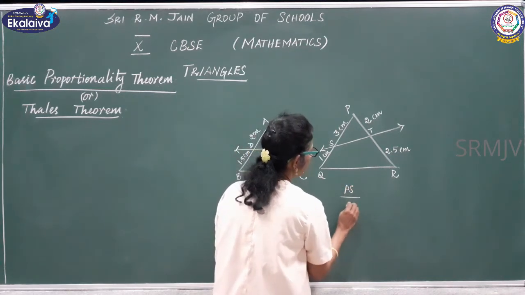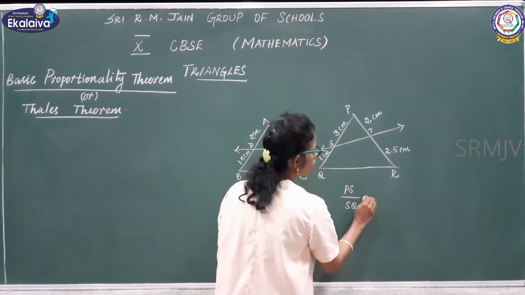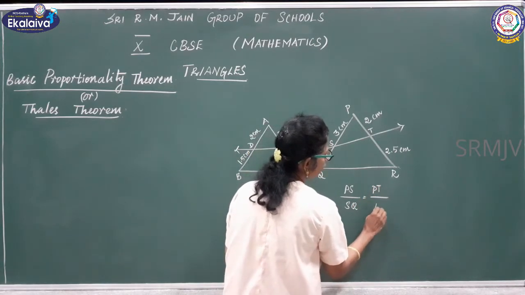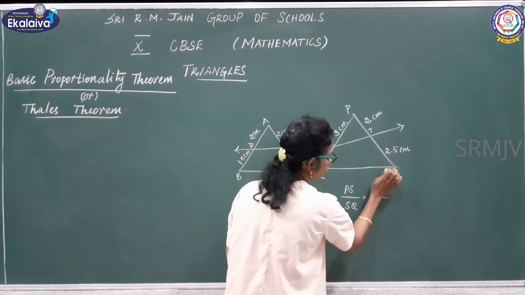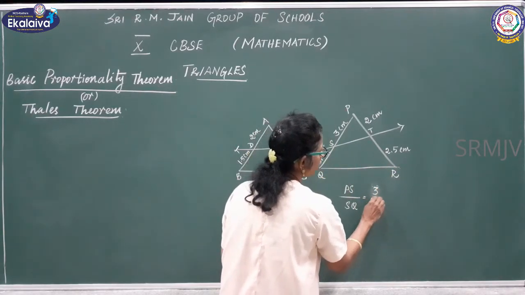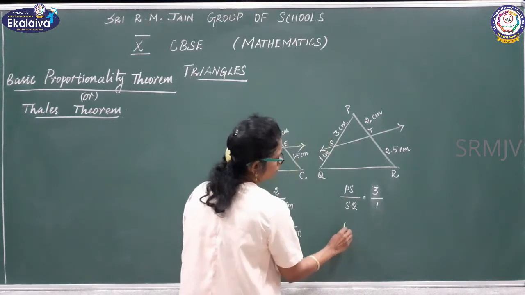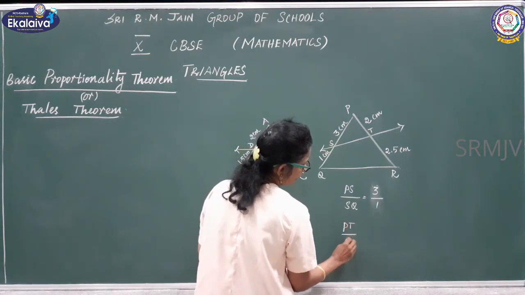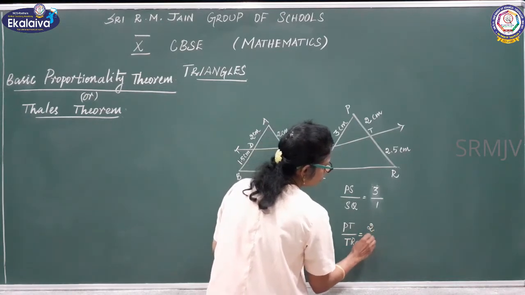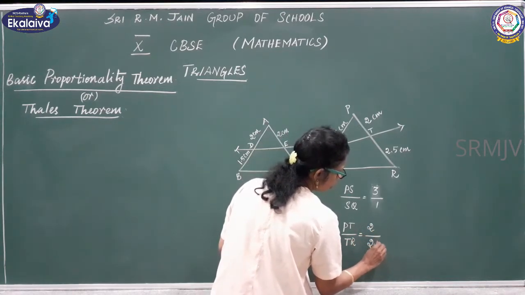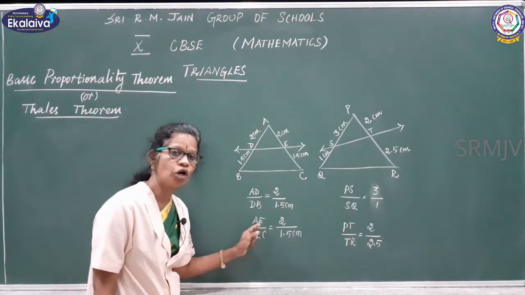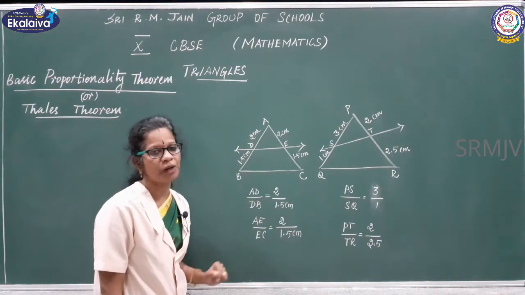PS divided by SQ equal to PT divided by TR. What is PS? The measurement you write. 3 divided by 1. PT divided by TR, 2 divided by 2.5.